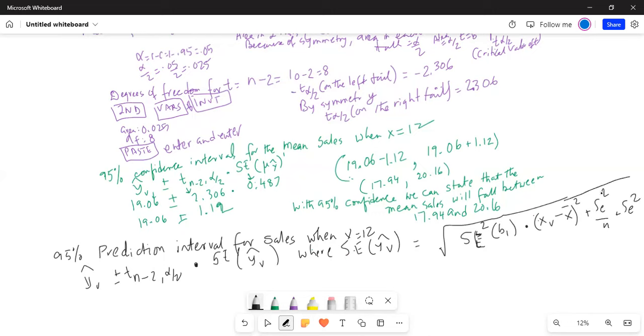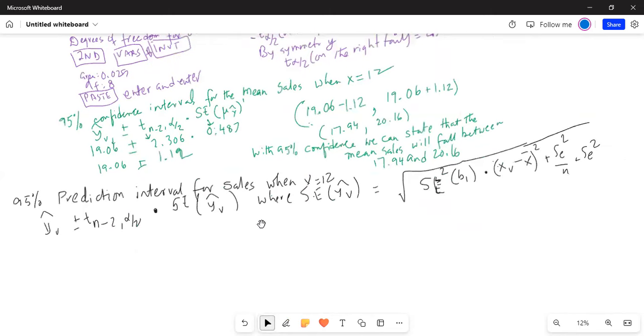So this is the new term that we have to find out, which is the standard error for single value of y.